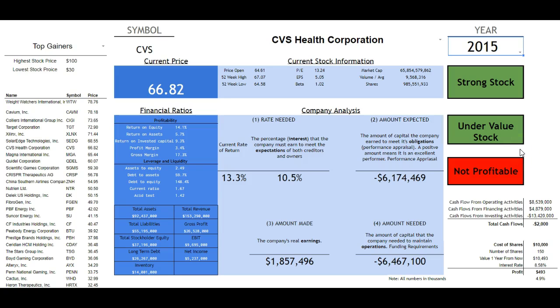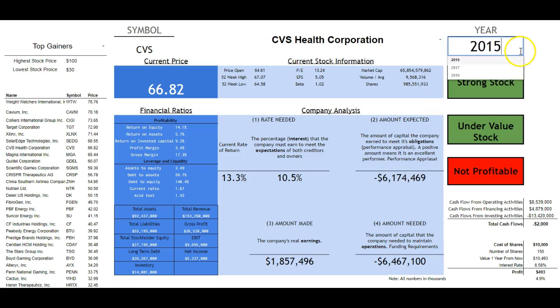The question is, would I invest in the CVS Corporation? And the answer is no. And the only reason why I wouldn't invest, even though I'm saying it is a very profitable corporation, is because of section number 2.